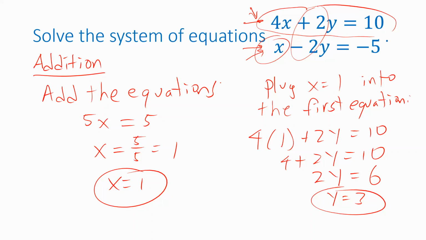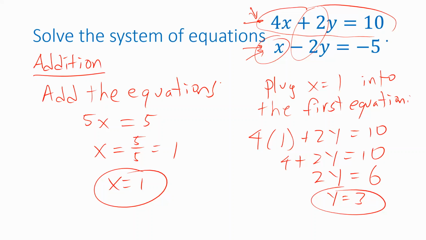So in this problem, either approach worked out pretty nice, pretty easy. But there might be times where only one of the approaches really is useful. They're both useful, but one of them is going to be easier sometimes. And those are the things you want to look for: the coefficients and how they might cancel out or make it easier to isolate one of the variables.